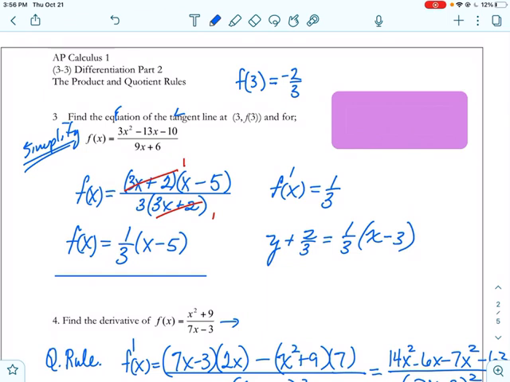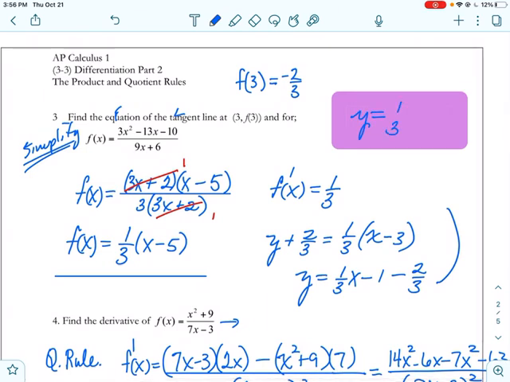And if you distribute, notice what you get. y is equal to 1/3 x minus 1, and then we have minus 2/3. So that turns out to be y equals 1/3 x minus 5/3, which is the equation you get here.